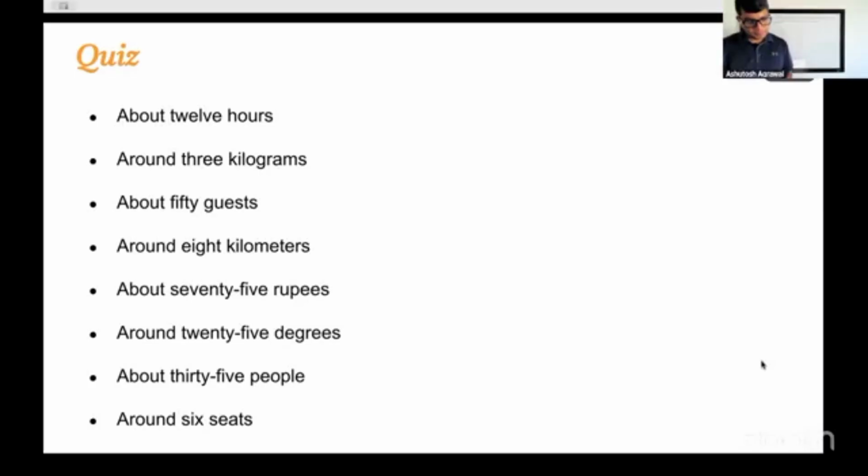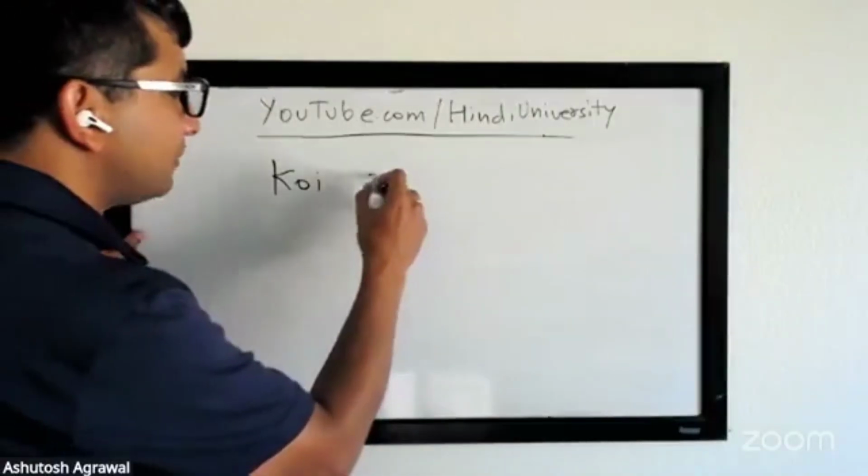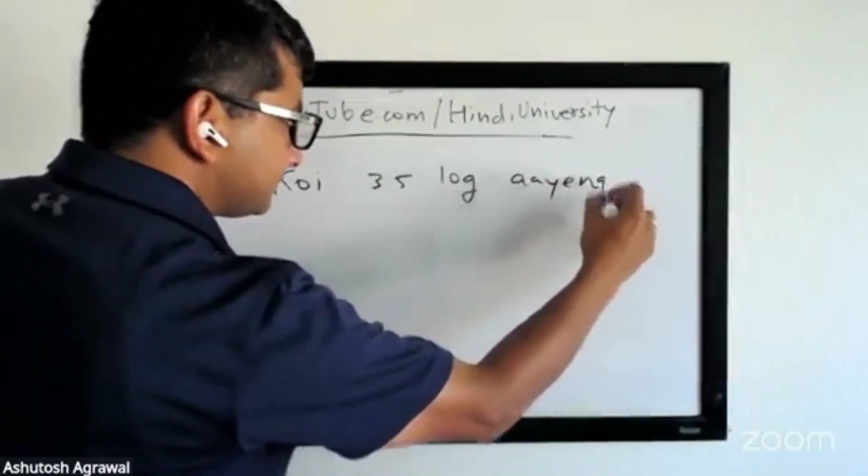And 6 seats, करीब 6 seats बाकी हैं. Very good, right? For people generally, you can use koi also, right? Even though I said it's interchangeable, you can say koi and then 35. So करीब कोई 35 लोग आएंगे.